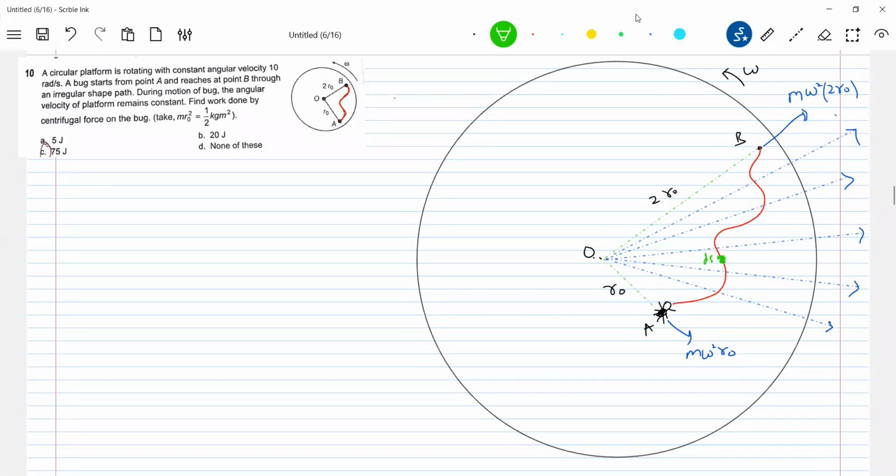So the bug, what will happen when it is at A? When it is at A, it has reached B. So when it has reached there, overall path, can I break it up like this?